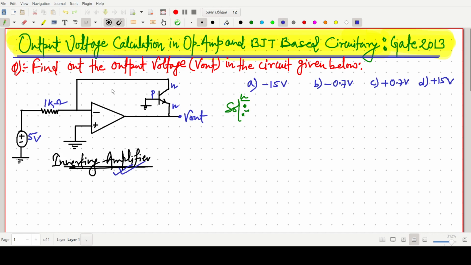Because if we think of this NPN transistor, I'm just making this NPN transistor, which is given here, and this point is our V output. So I am focusing on this one. Okay, so we have to find the V output.